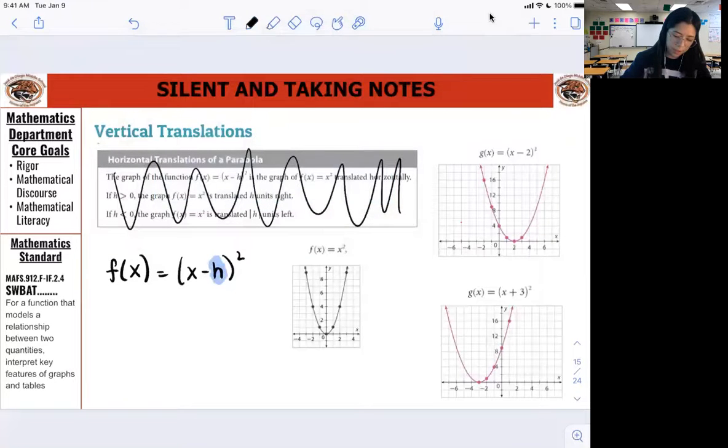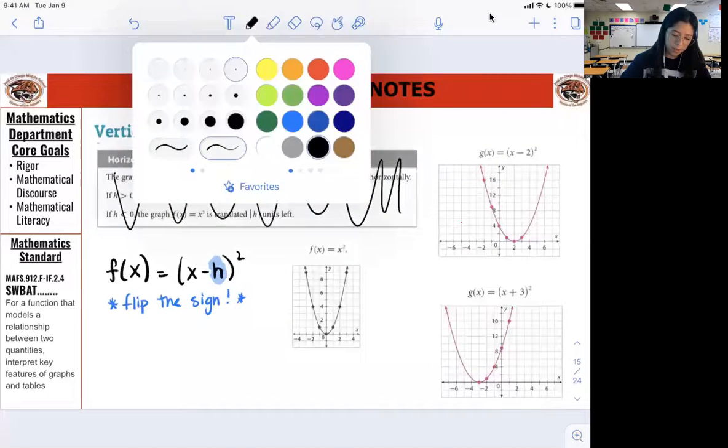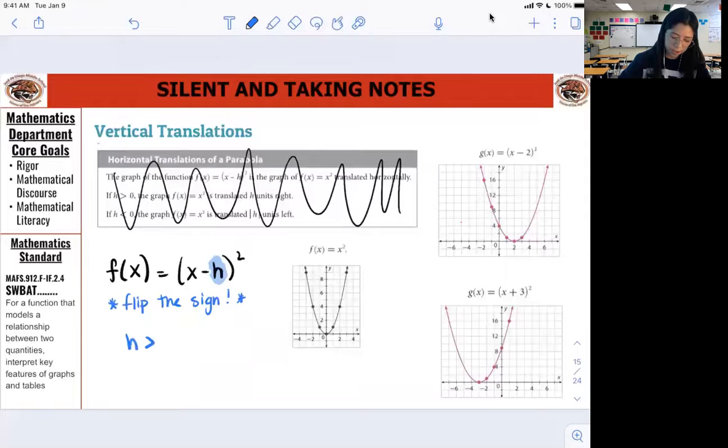You have to remember to flip the sign. But once you flip the sign, if H is greater than 0, it goes to the right. And if H is less than 0, it goes to the left.